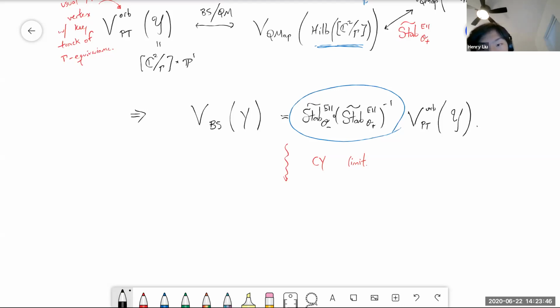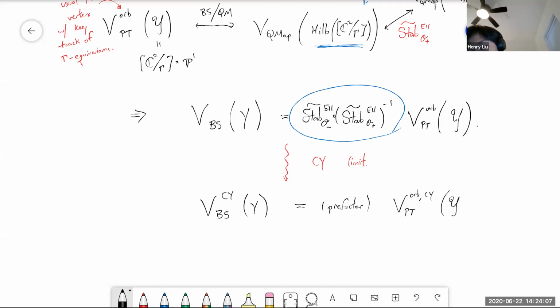And you recover something like, in the Calabi-Yau limit, that these are equal, maybe up to some prefactor. And to the best of my knowledge, I think this is known.